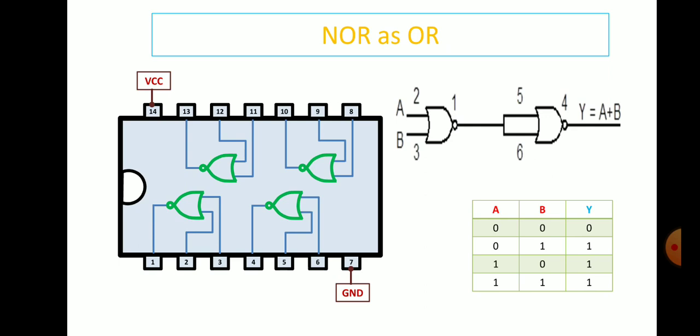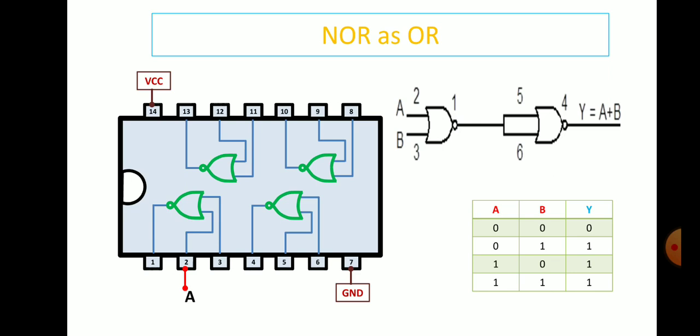So, the next one is the OR gate. With the help of NOR we are going to construct the OR gate. The power supplies are given for pin number 7 and 14. How do we have to connect it?